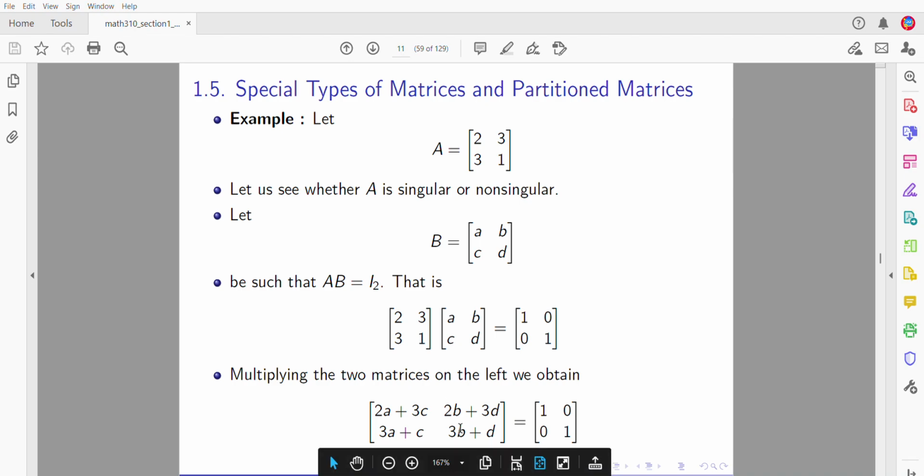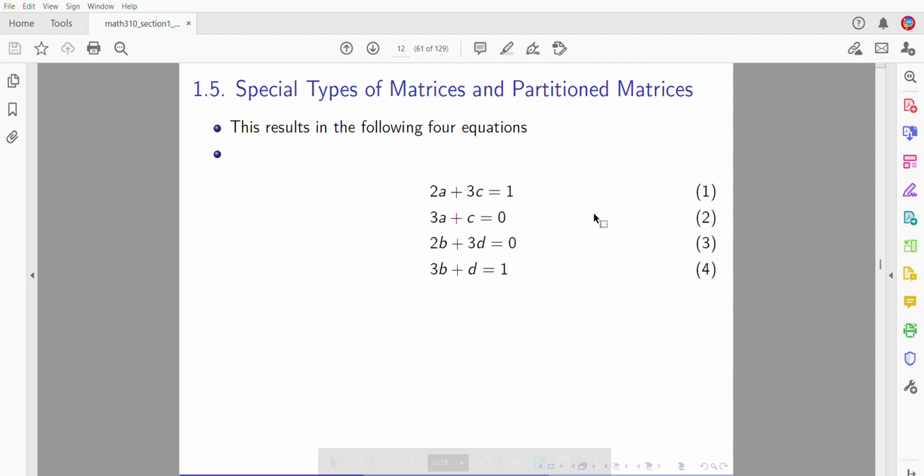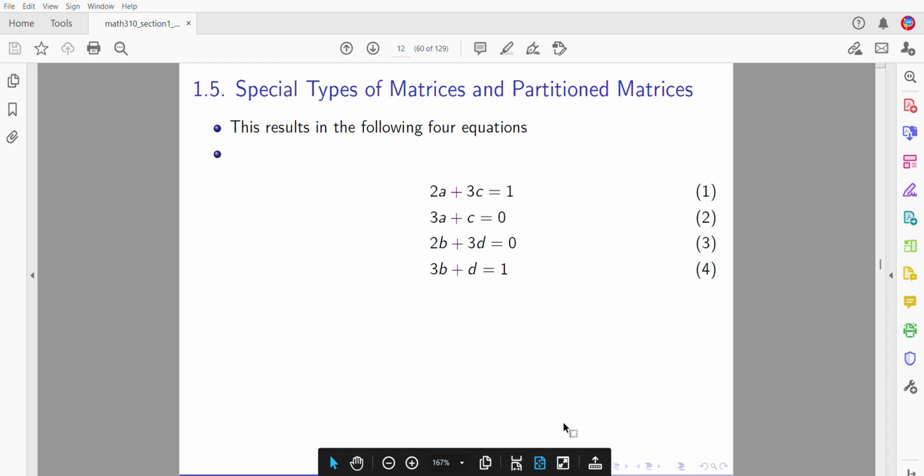So this matrix must be equal to [1, 0; 0, 1]. That gets us 4 equations: 2a plus 3c is 1, 2b plus 3d is 0, 3a plus c is 0, 3b plus d is 1. So you get 4 equations in these 4 variables.